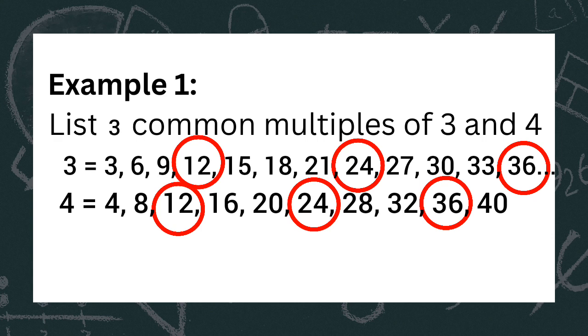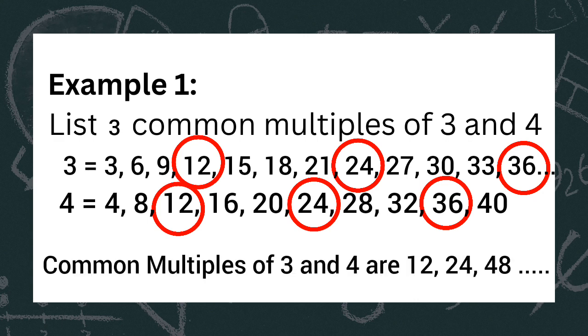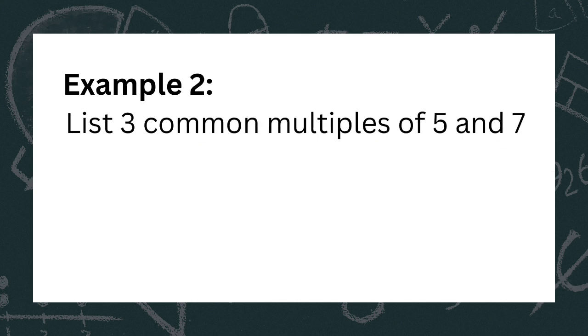Don't forget that if we had more multiples of both numbers listed, we would have more common multiples. But from the list here, we have just 3. So the common multiples of 3 and 4 are 12, 24, 36, dot, dot, dot. It can continue. Don't forget.